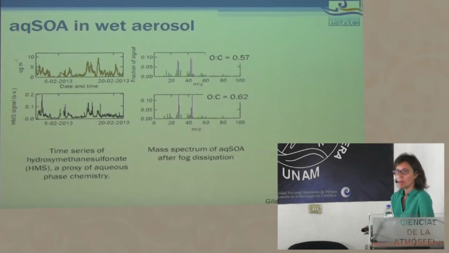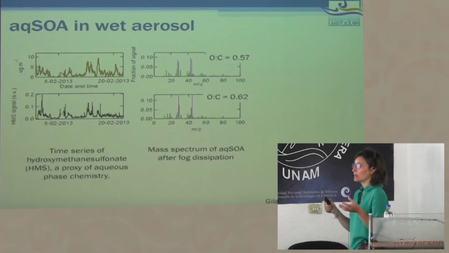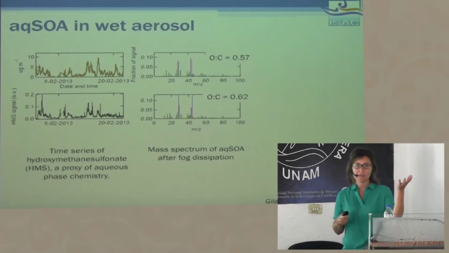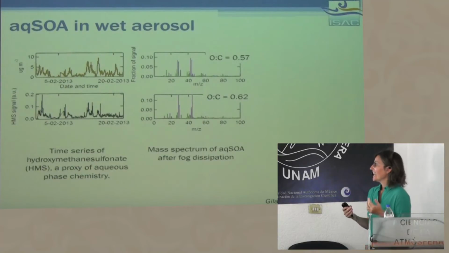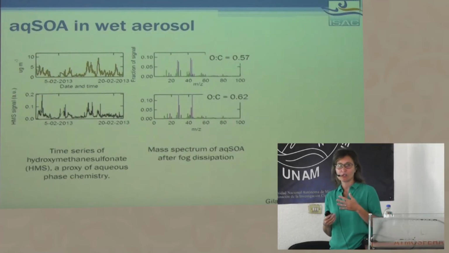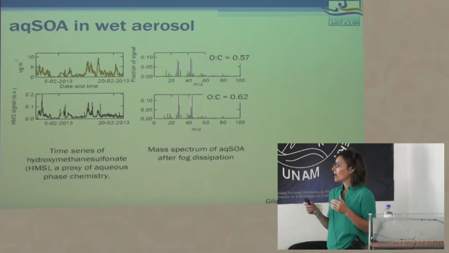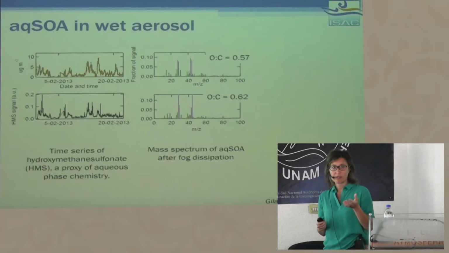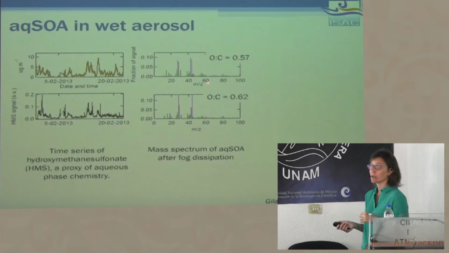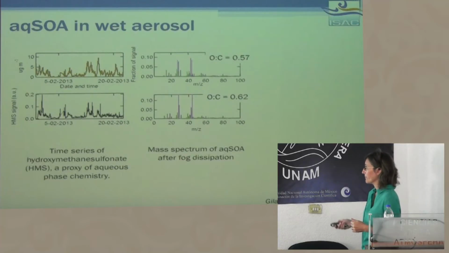Well, during smog chamber experiments, when we try to reproduce the secondary organic aerosol from the oxidation of molecules in the gas phase, we obtain secondary organic aerosol that has an oxygen to carbon ratio between 0.3 and 0.4. So only when we try to produce secondary organic aerosol in the laboratory in the aqueous phase, we can reach values that range between 0.6 and 0.7. So this elemental composition is confirming our hypothesis that this is actually aqueous secondary organic aerosol.